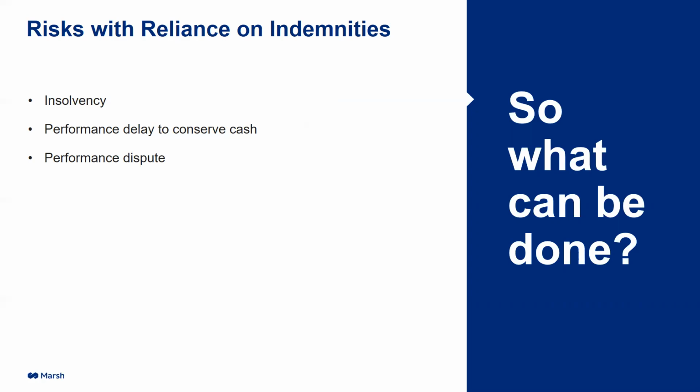Even if a company is still around, they may be in financial distress and they may decide to delay the performance of that indemnity to you in a method to conserve cash. And suddenly that indemnity, or the regulators coming back and looking at you, or there may actually be a dispute over the indemnity, who actually is responsible for it. So again, indemnities are great ways to solve environmental liability solutions, but it's not bulletproof. So the question is, what can be done?